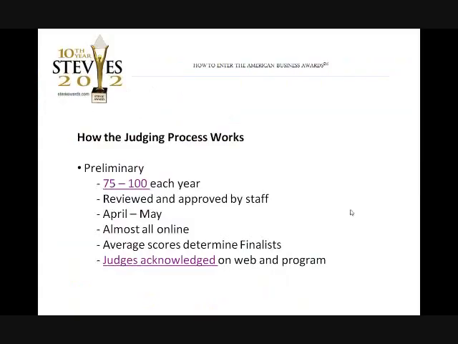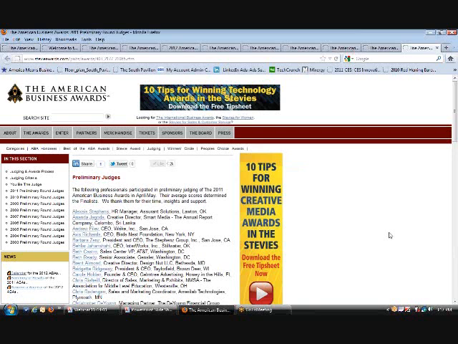Preliminary judges' average scores determine the finalists who are then eligible to go forward to participate in final judging. Preliminary judging takes place in April and May. Almost all of it is done online. And the judges are acknowledged on the website, in the awards dinner program, and active judges also receive a certificate of appreciation suitable for framing.